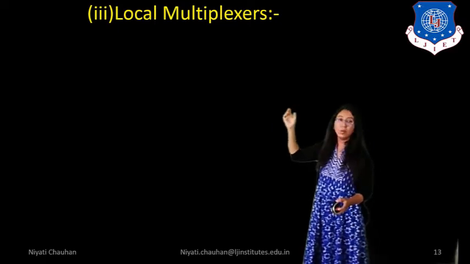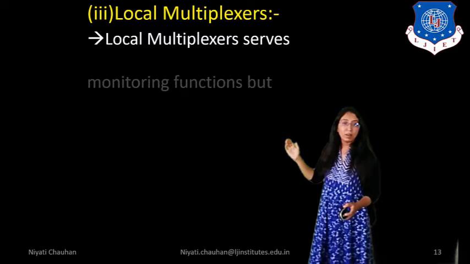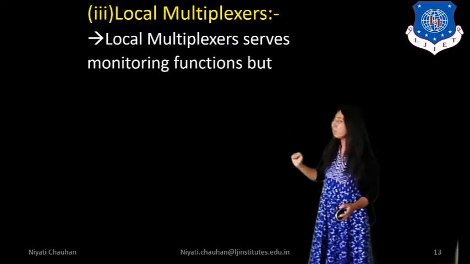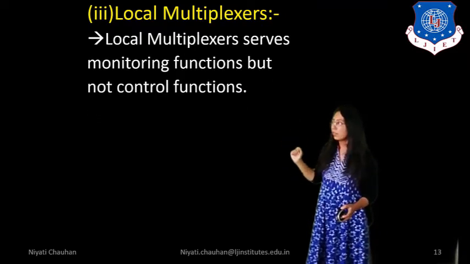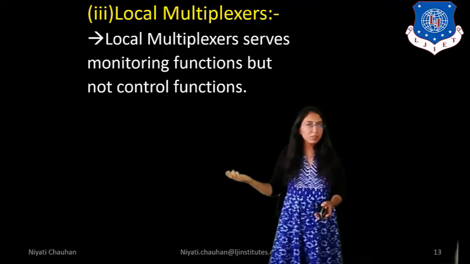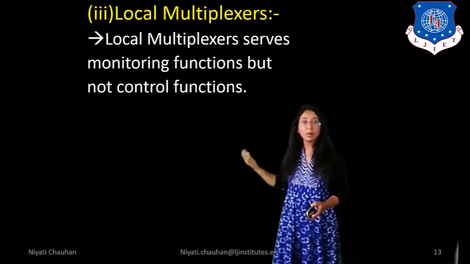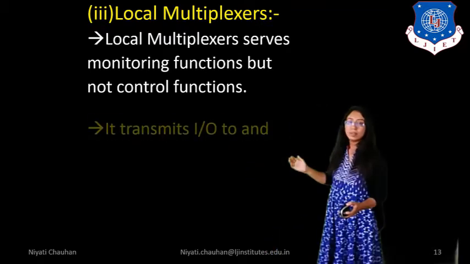Number 3, local multiplexers. Local multiplexers serve monitoring functions but not control functions. So in a multiplexer we can see our process and monitor it, but we can't control functions.